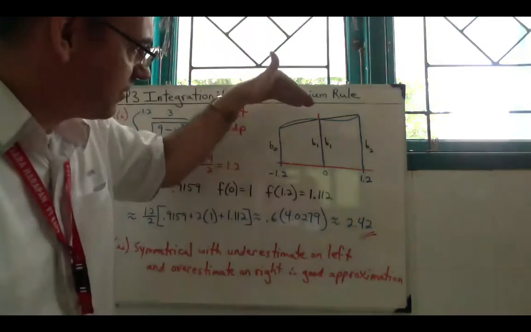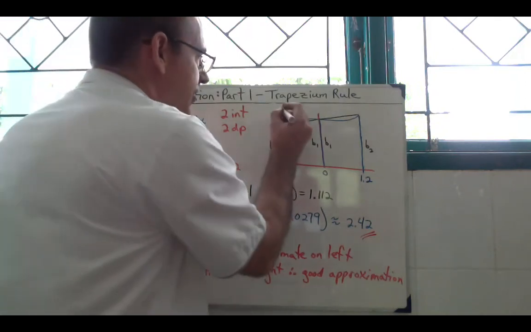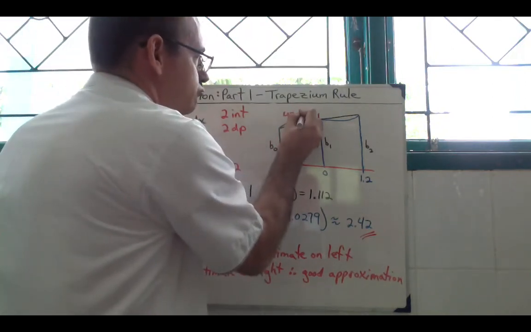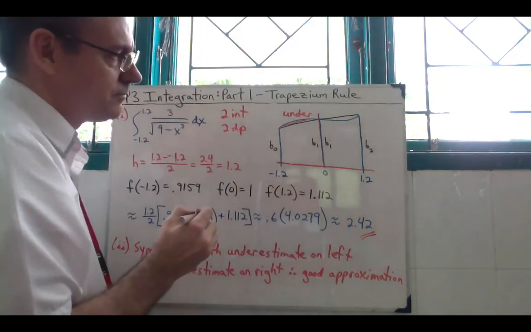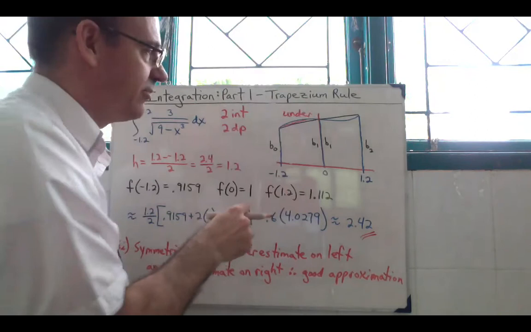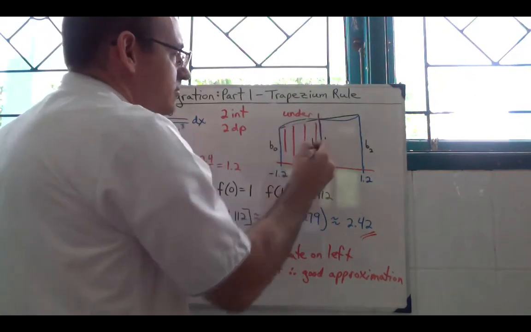And on the left, because it's concave down, we have an underestimate because we're going below the graph. We're lower than the graph, so we actually have an underestimate here.